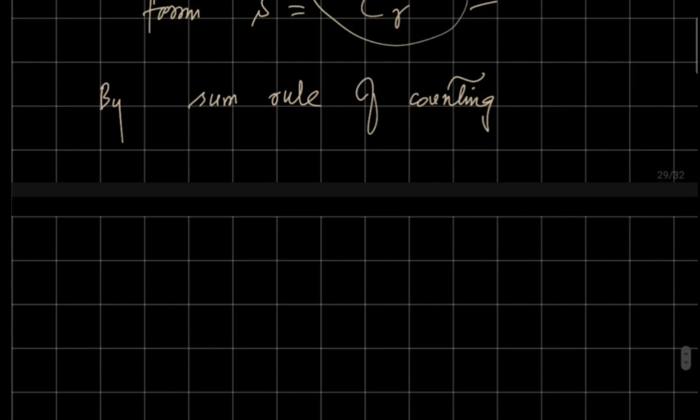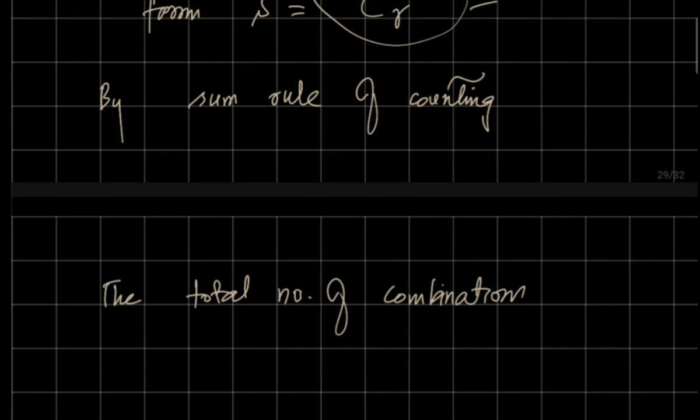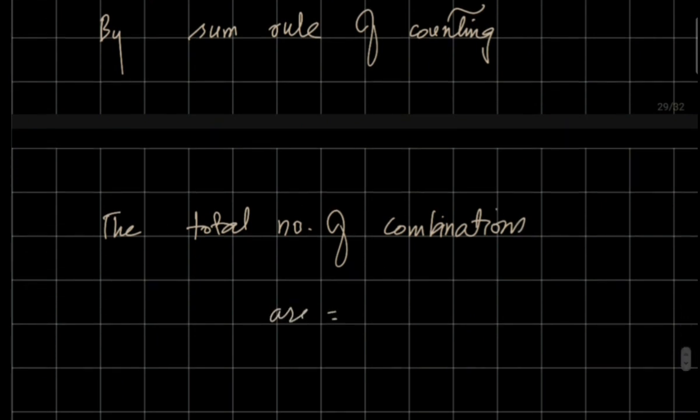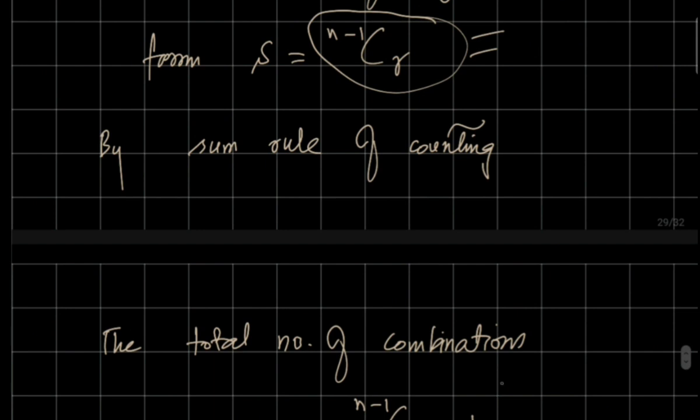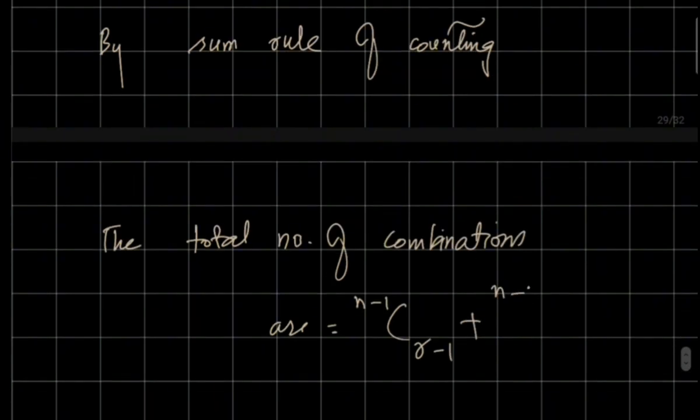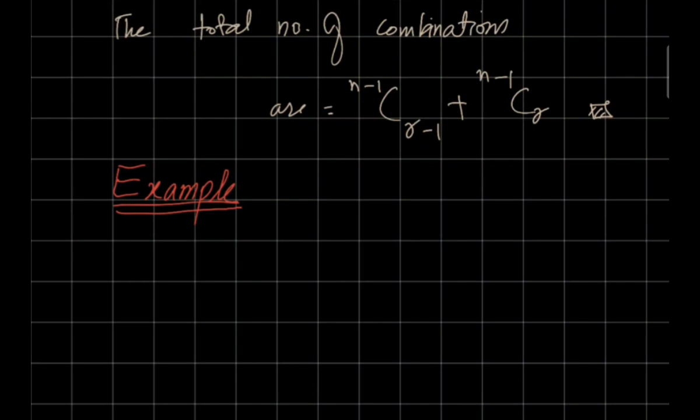The total number of combinations is the sum of these two: first one n minus 1 C r minus 1, and the second one is n minus 1 C r, which is proved. So now look at another example.